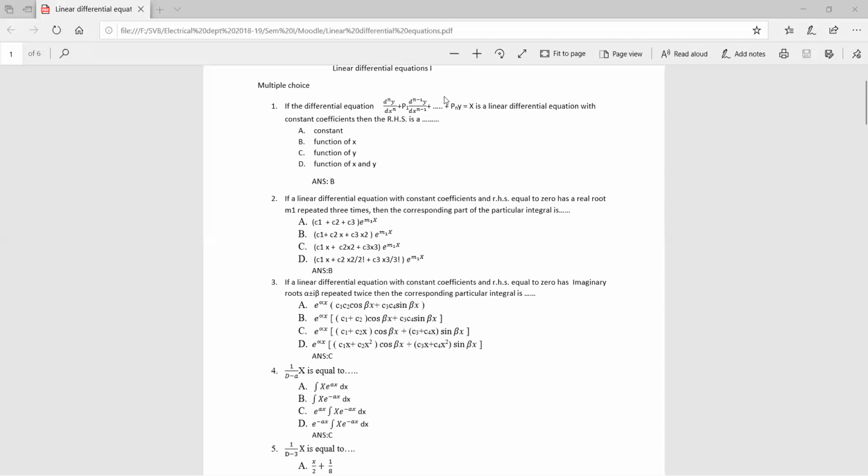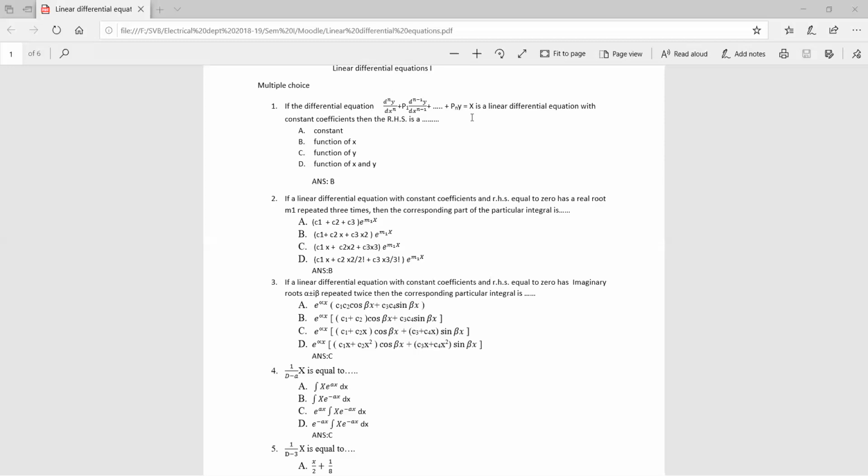At the start of linear differential equations, we have seen the general form of a linear differential equation with constant coefficient can be written as d^n y upon dx^n plus p1 d^(n-1) y upon dx^(n-1) plus and so on plus pn y is equal to capital X, where p1, p2 up to pn are all constants. Remember that p1, p2 up to pn are all constants, and the right hand side, capital X, is a function of x only.